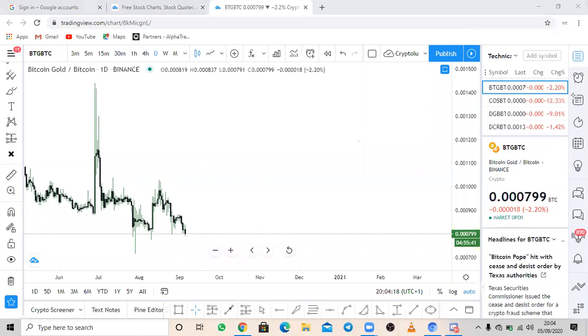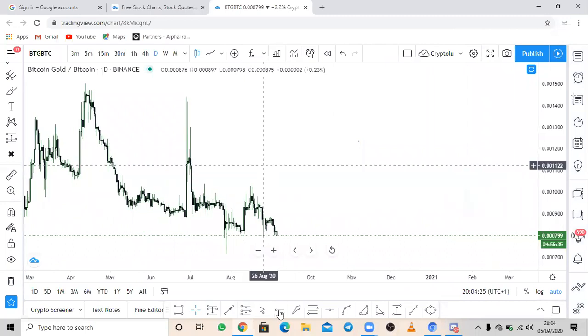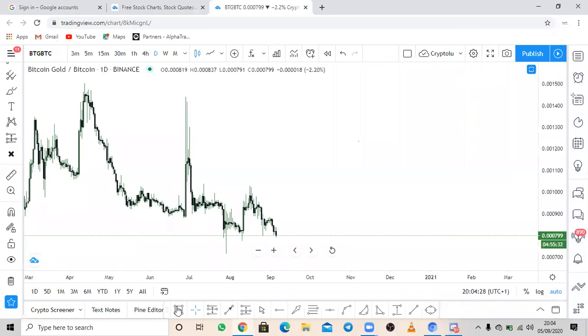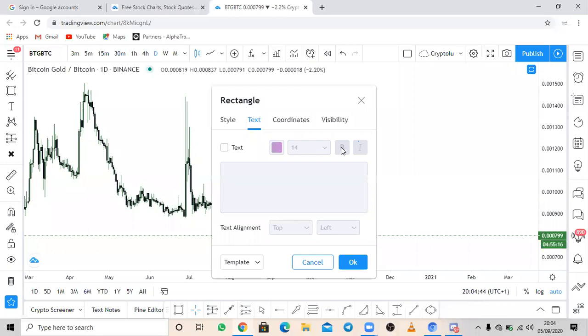Okay. For this coin here, the first thing to notice is that this coin is currently on a support level. Here, we are currently on a support level. So we are looking at if price will break it or not.